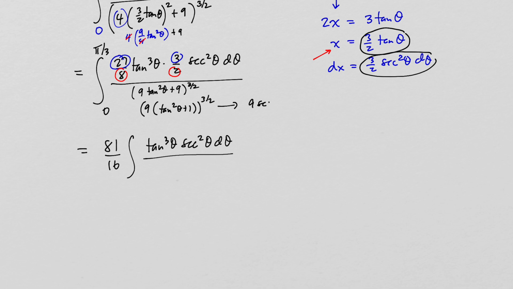That is 9 secant squared of theta, quantity to the 3/2. So we are going to take the square root of 9 and the square root of secant squared, and then we're going to cube it. So that is going to be 3 cubed, which is 27, and then secant cubed.